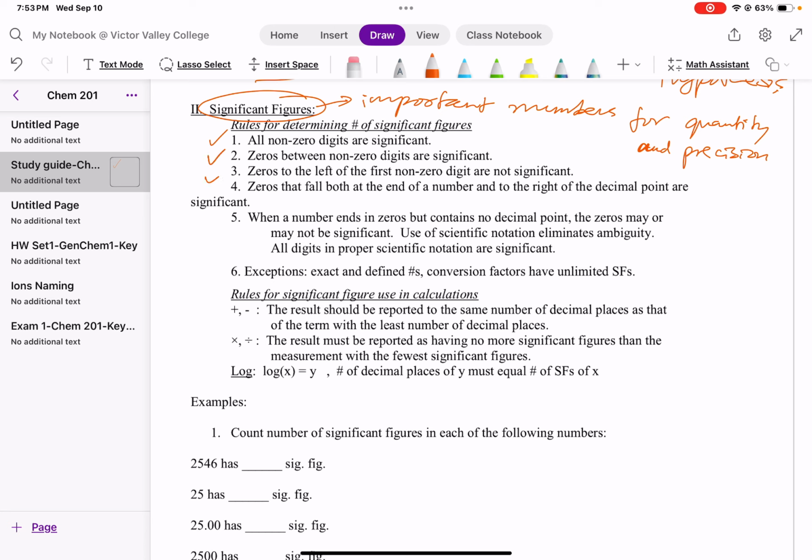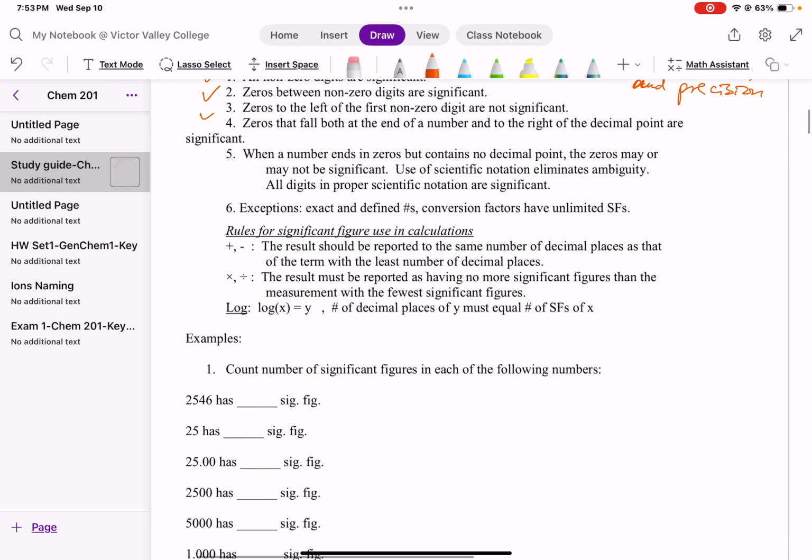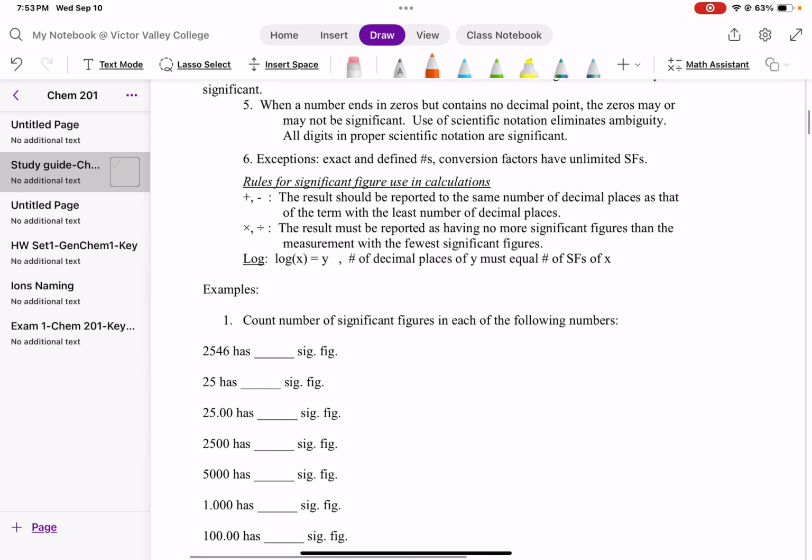So let's do the problems. You can use common sense. For example, 2546 has how many significant figures? Obviously 4, because we need all of them. 25 has 2, but 25.00, we're going to need all 4 of them. That's a decimal point, so we're going to count all those 2 zeros, which are for precision.